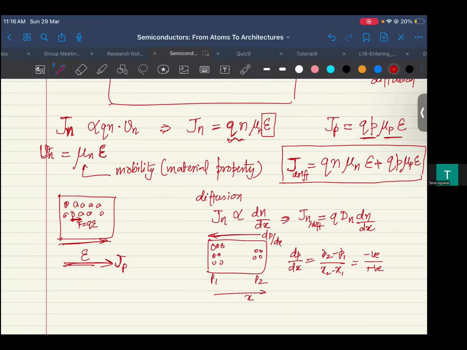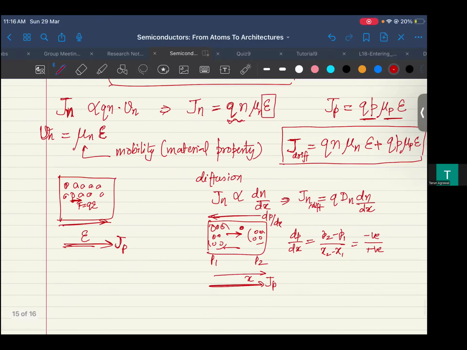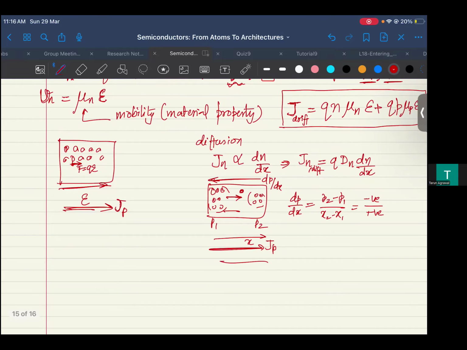dp/dx. Where is the flow of holes? This is the whole direction. That means your current direction will also be in this direction, Jp. So in this scenario, we see that Jp is actually opposite to dp/dx.